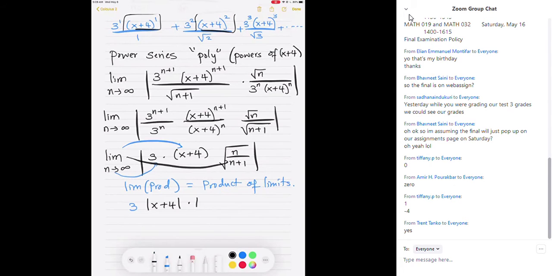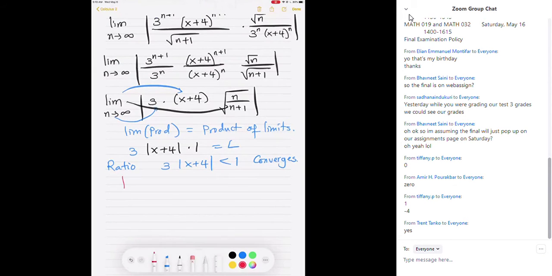So the ratio test says what? Ratio test says if this limit, this is your L, if this limit is less than 1, then it converges. So in other words, I'm just going to take this and solve for x, because what was this whole game about? When I'm finding the interval of convergence, what am I finding?